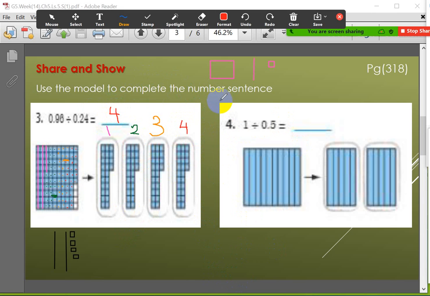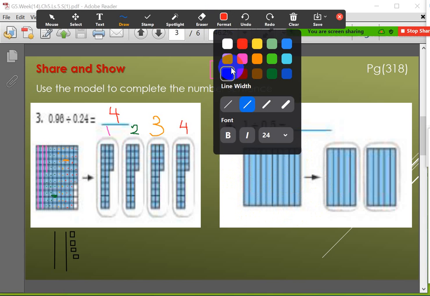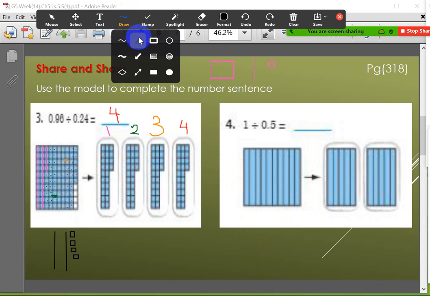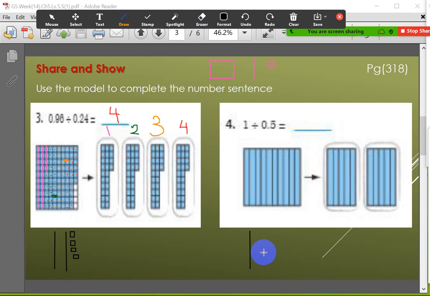Okay, the last one, number 4. Number 4 will be very easy for you, because I have a whole. That means 1 is a flat. The flat consists of 10 longs. I want to divide it by 0.5. So 0.5 is what? Is 5 longs. So each group will take 5.